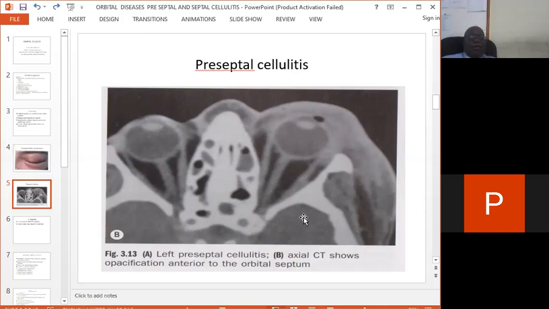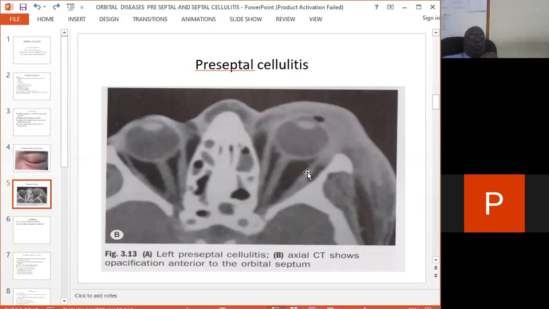Okay. When you go to the other side, inside there, behind the eyeball, this is the muscle. This is the optic nerve. This is muscle, and this is the eyeball. This white stuff there is the lens. So the swelling is in front there, because the septum covers there up to there. So preseptal is there.